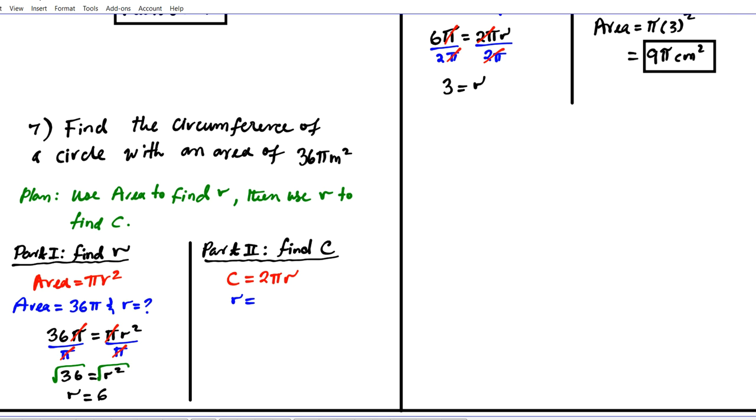That's sufficient to find the circumference. So the radius is 6. So our circumference C is going to be 2 pi times, substitute the value of r, which is 6 in there. Okay, multiply the constants, 12 pi meters. That's the exact value of your circumference. If you want the approximate value, just plug it into your calculator.